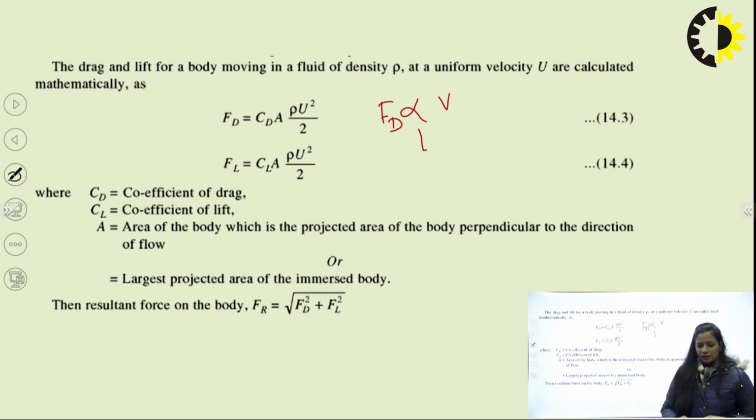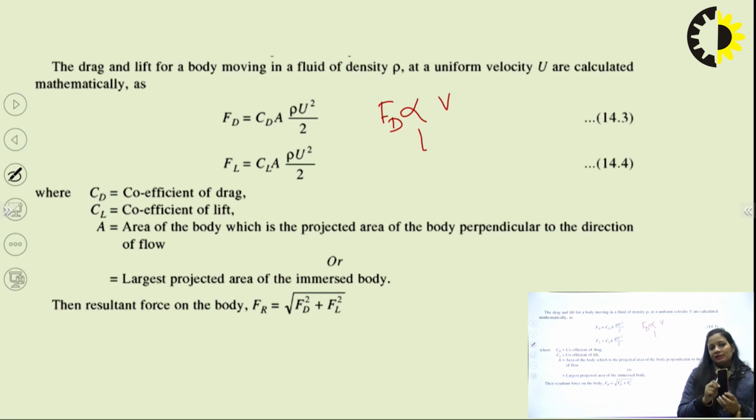Now let us talk about the area of the object. I am just taking an example. Let us suppose this is a mobile phone, and the flow direction is perpendicular to the area of this mobile phone. When I put the phone in this orientation, the subjected area is obviously more, so the drag force will be more on this object.